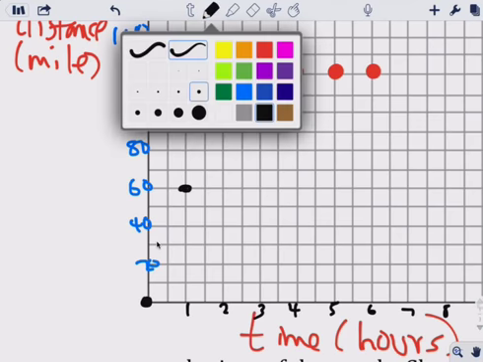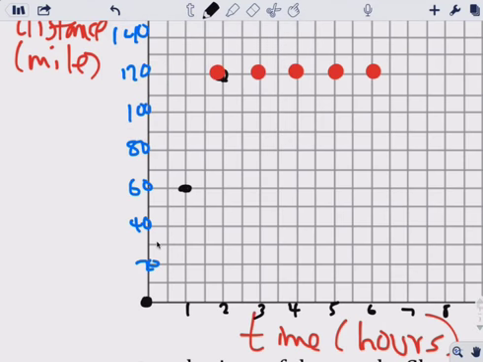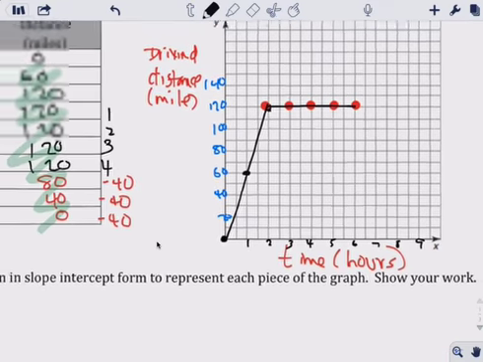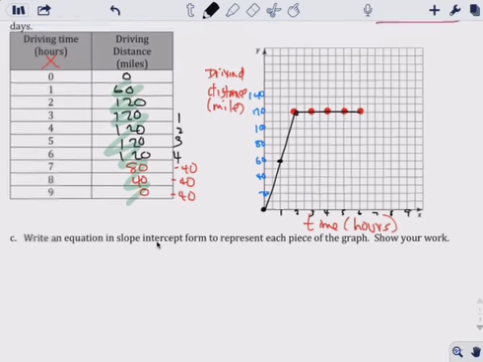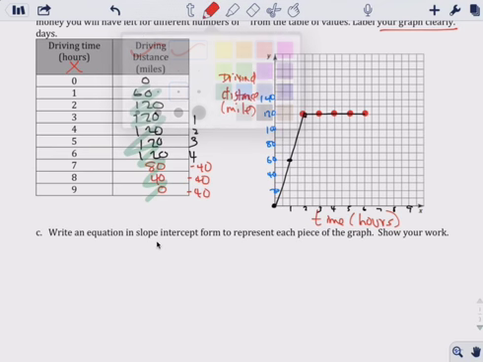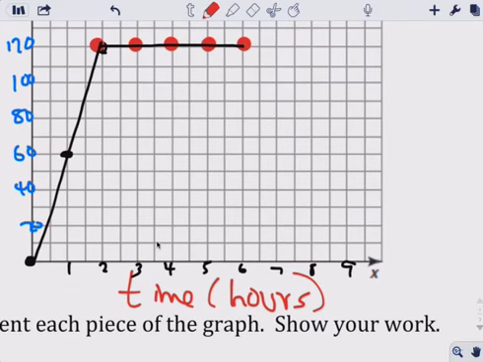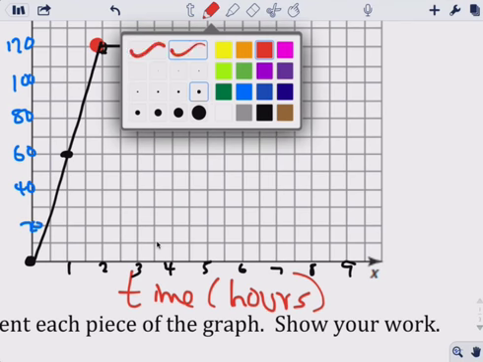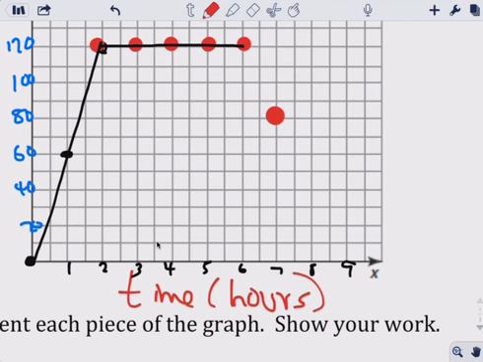Not that dark. Right here. Right there. And 7 is 80. Let's make it big, nice, and 7 is 80. Oh, that's too big.